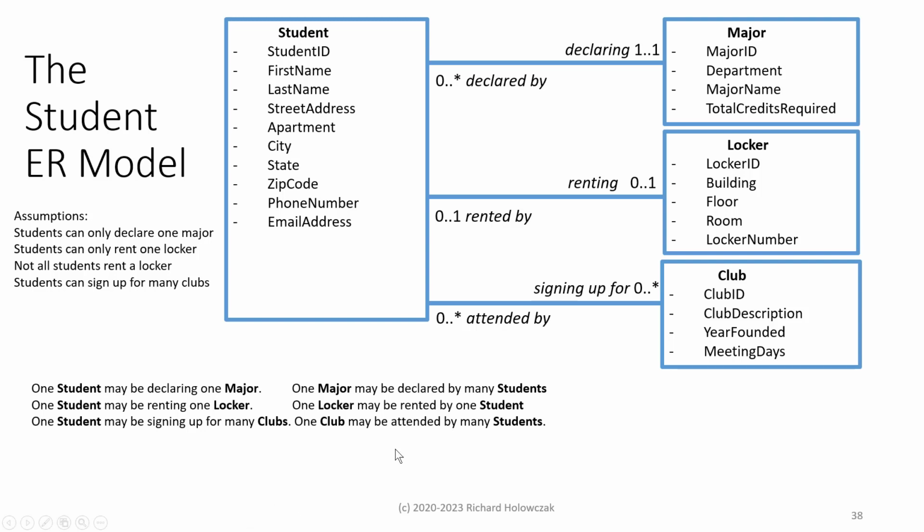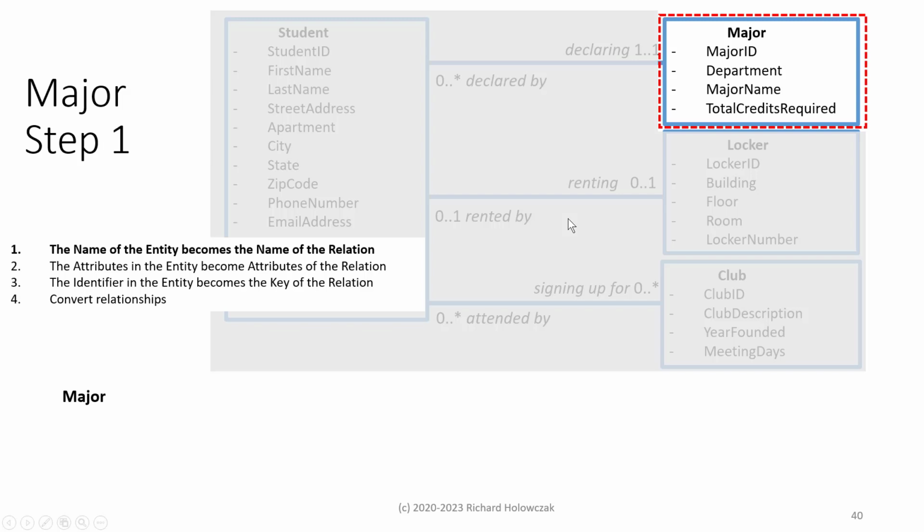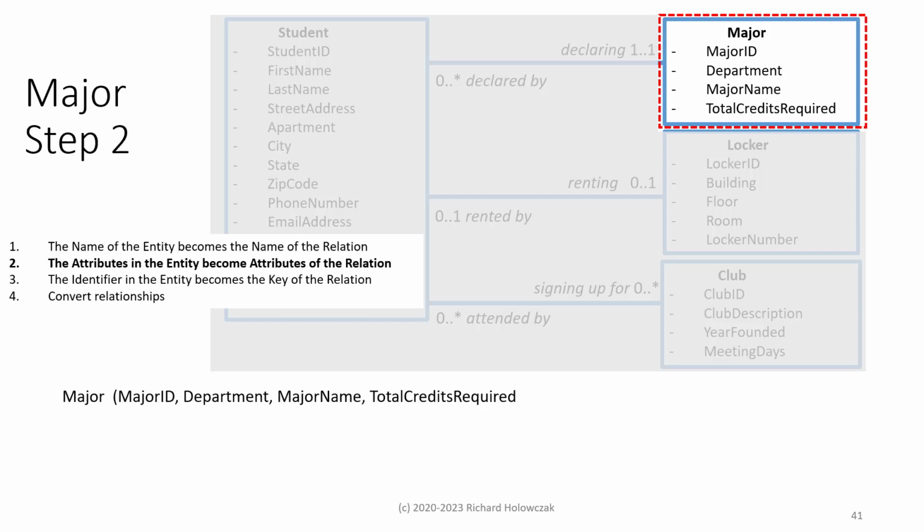To convert this to a set of relations, where should we start? It looks like major is a good place to start because it only appears on the one side of a one-to-many relationship. So we're going to begin with major. Just like before, the name of the entity becomes the name of the relation. Next, we copy in all of the attributes.